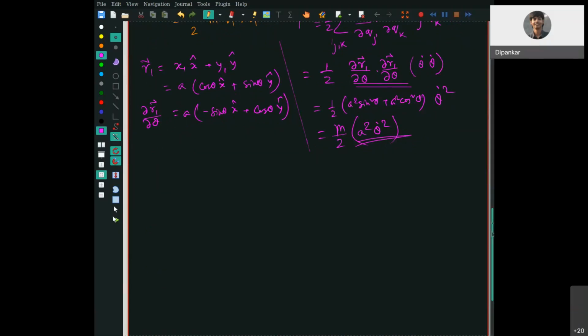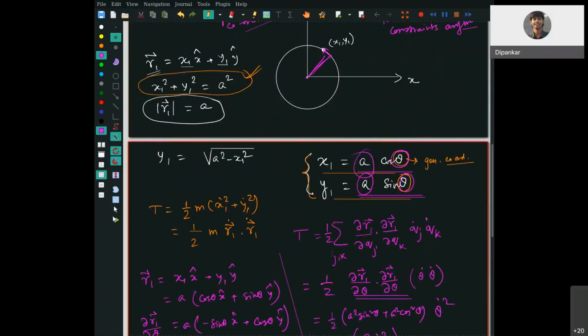So in this kind of transformation, my equations of constraint are already taken care of, and I will employ my Lagrangian formulation, not the Hamiltonian formulation, which is a bit more complicated, with respect to this coordinate.